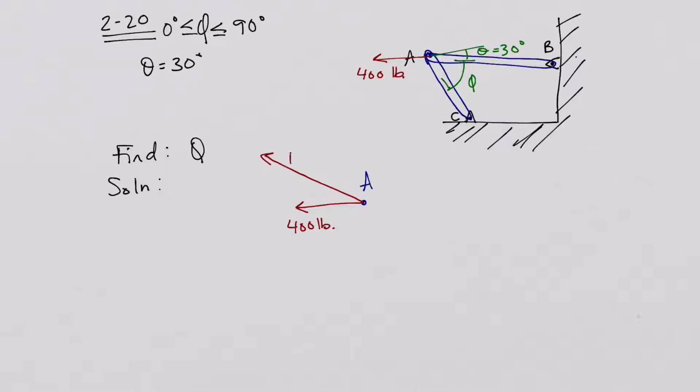That's 600 pounds. And that's B towards A. And so we know that this angle here is 30 degrees. That's theta. So that would make this one 30 degrees.